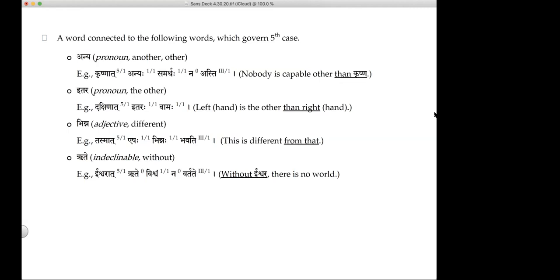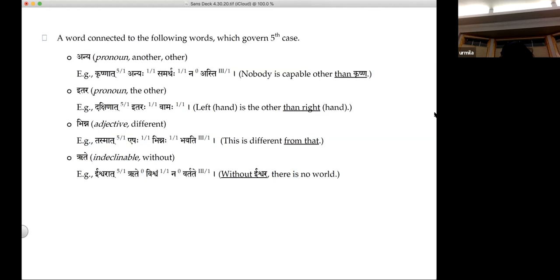Now we can also write the sentence saha etasmat bhinnaha bhavati, that is different from this. You can also write that sentence like that, but the sentence here is saying different, and different is connected to what's the word in the fifth case. Oh, this, okay. So it's different from that.